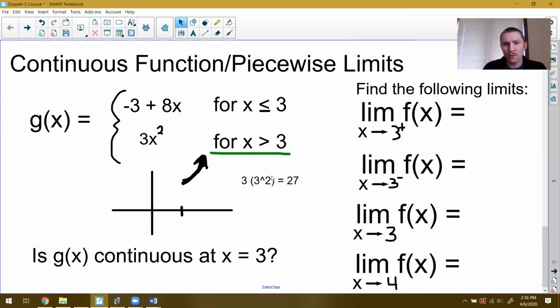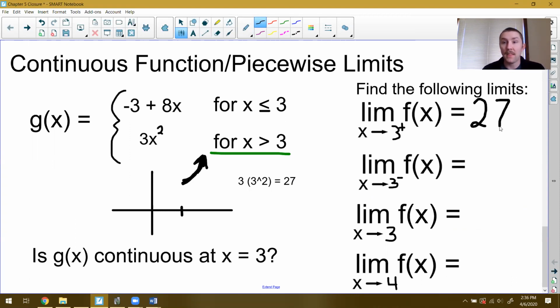So as I approach 3 from the positive, I think that I'm going to get to a y value of 27. So that's what this limit is equal to. The limit as x approaches 3 from the positive is equal to 27. And that came from using the bigger piece of my function, because I'm bigger than 3, and just plugging that boundary point value in. So I think I'm going to get to 27.